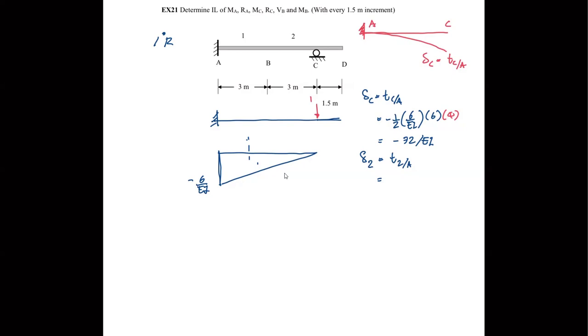When you see it's a trapezoid, right? So when you have to calculate this, we have to exclude this part from our calculation, right? And the area becomes this purple one.